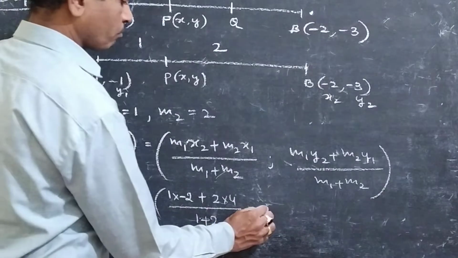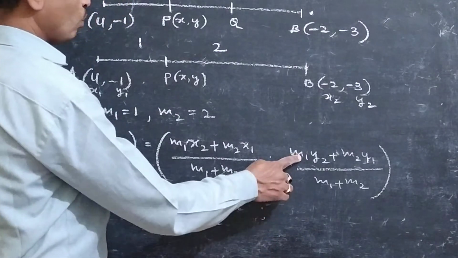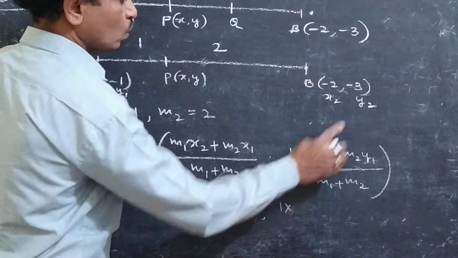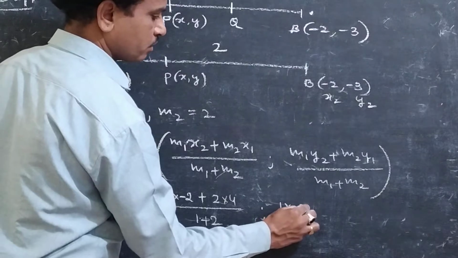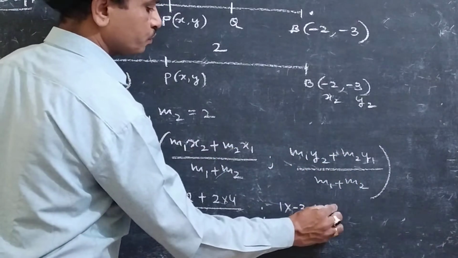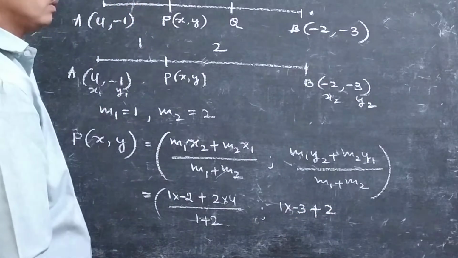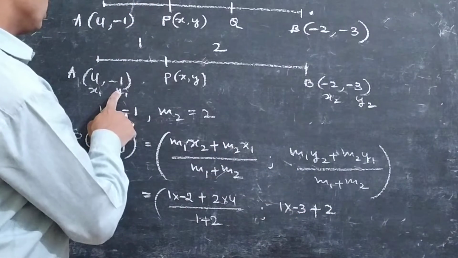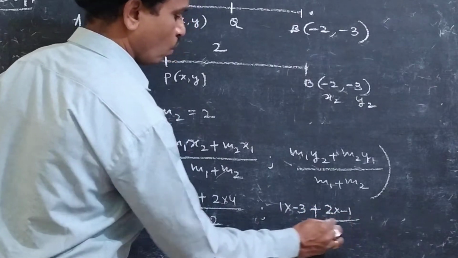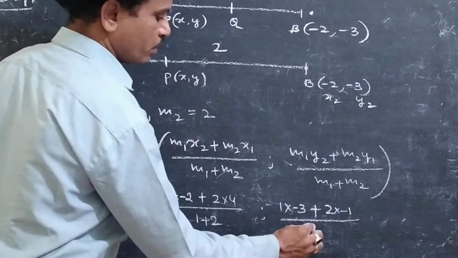The next, m1 that is 1 into y2, y2 is -3, plus m2 is 2 into y1, y1 is -1, whole divided by the same, 1 plus 2.